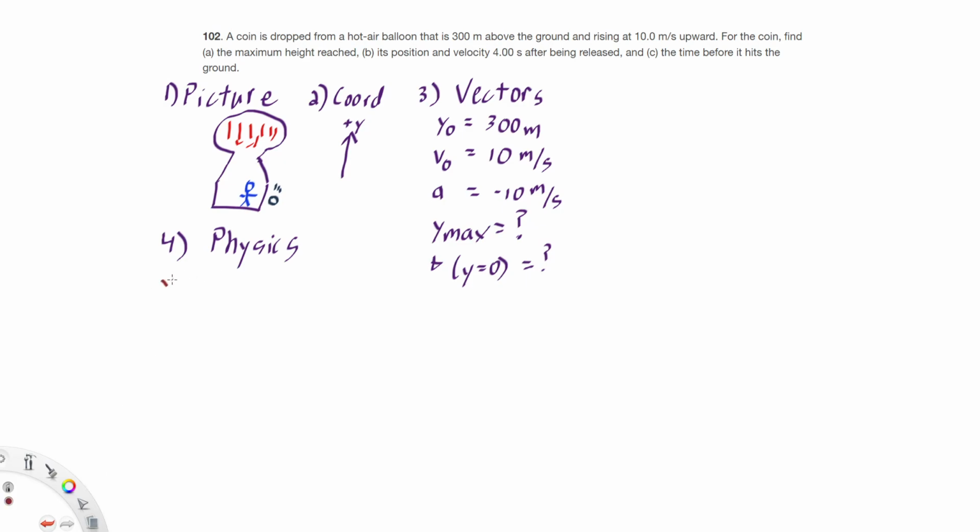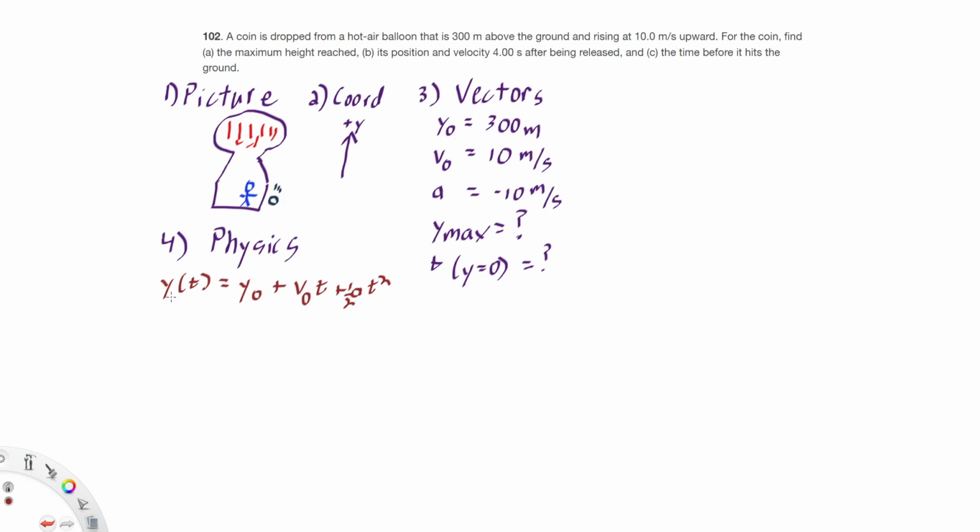So we can write down our height as a function of time is going to equal our initial height plus our initial velocity times time plus our 1/2 our acceleration times time squared. Let's take stock. How many unknowns are there in this problem?